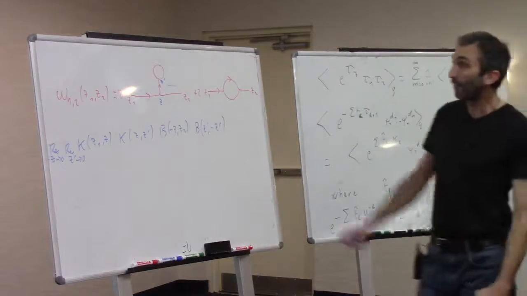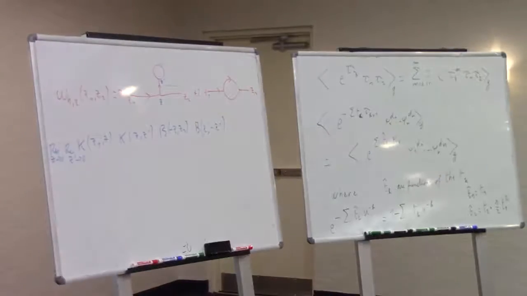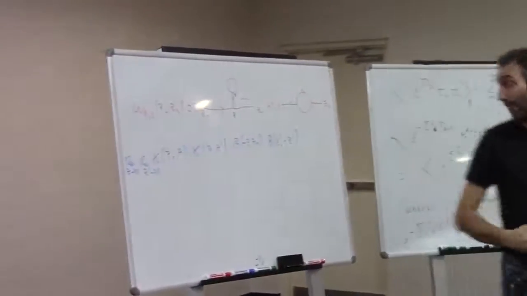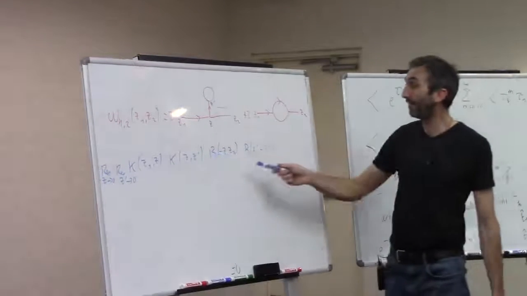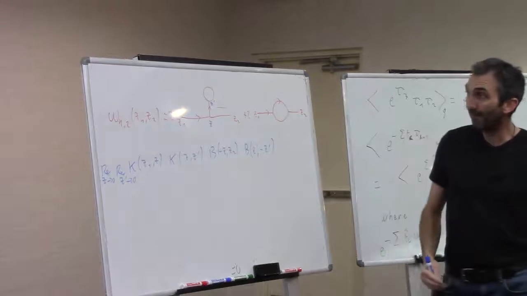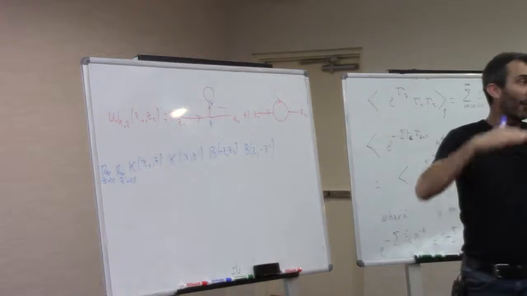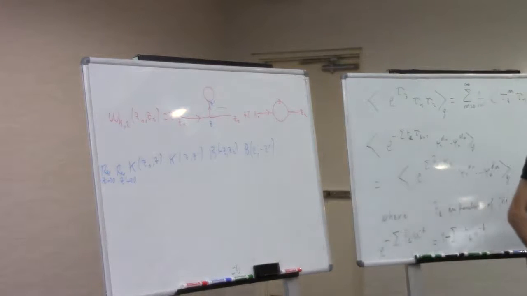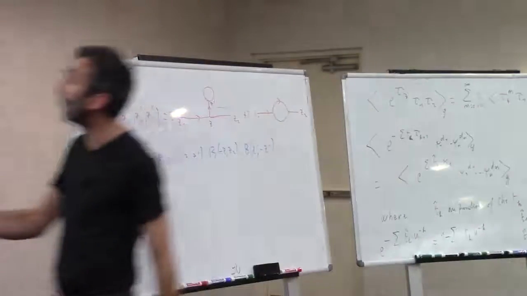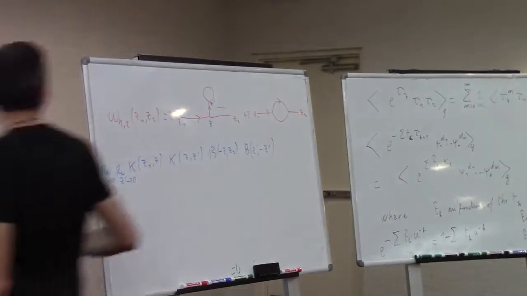Now, where do the coefficients B_kl appear in that formula? Well, they appear here, here, and in K. Remember that K contains a numerator and a denominator. B appears in the numerator, and eta appears in the denominator. So B appears in the numerator of K. So in fact, the coefficients B_kl appear in 4 places in that formula.